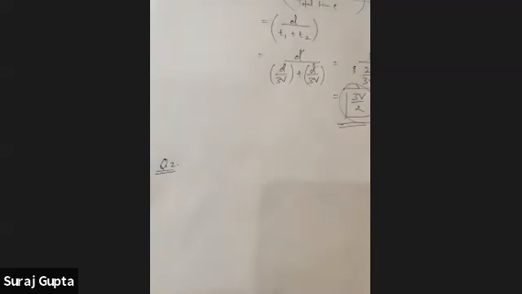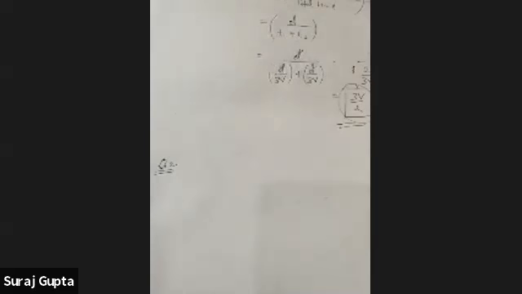So in the next question, listen to the question carefully. A particle travels in a straight line. Initial 1/3 of the distance is traveled at speed v.